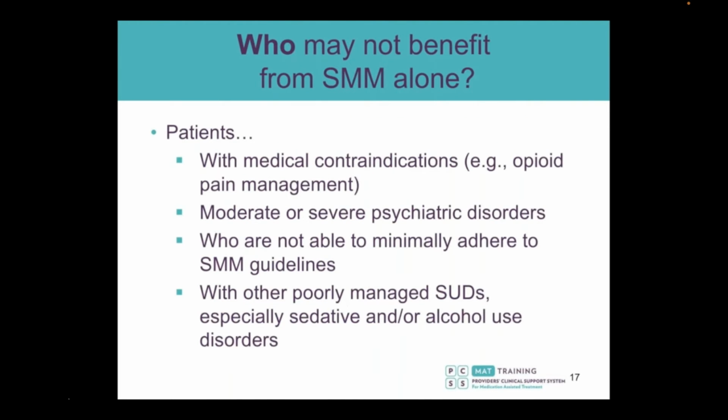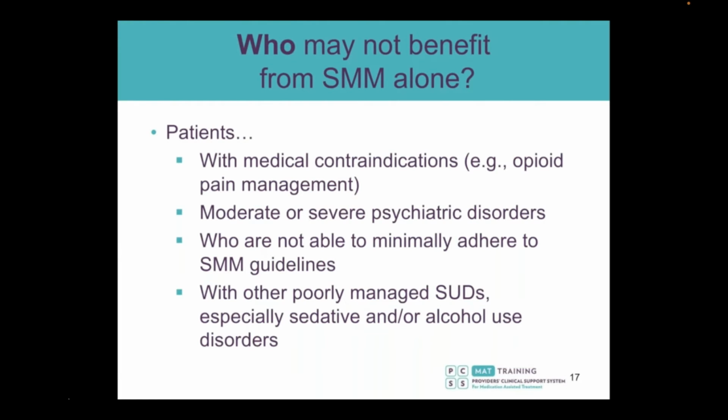So who may not benefit from SMM alone? The vast majority of patients who qualify for buprenorphine, so again, opioid use disorder, moderate to severe, can. But the patients who may not be able to benefit are those with medical contraindications, such as opioid pain management. You can't take buprenorphine if you're on opioid pain management.